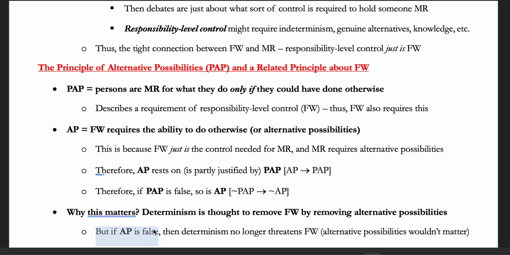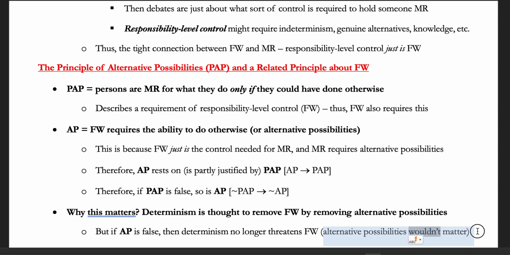Now, if AP, free will requiring alternative possibilities, the ability to do otherwise, is false, and we don't need alternative possibilities in order to get free will, then it seems like determinism is no longer a problem. Determinism was supposed to be a problem because it removed alternative possibilities.